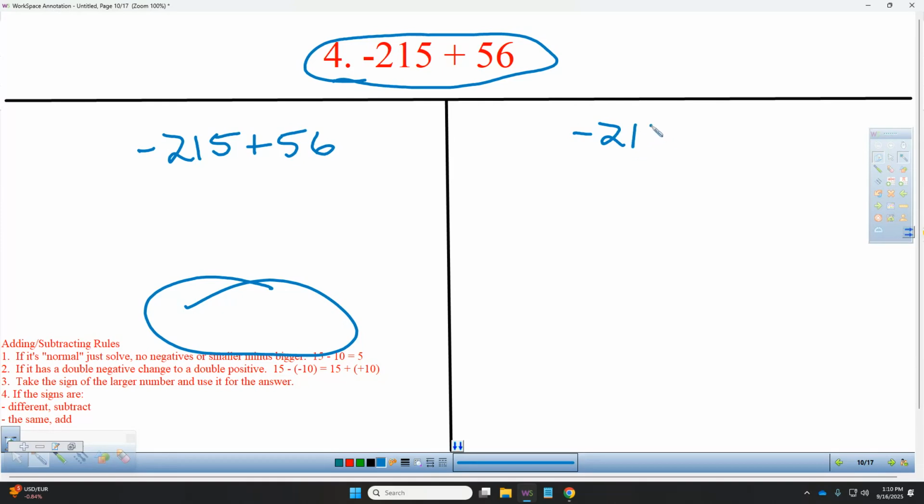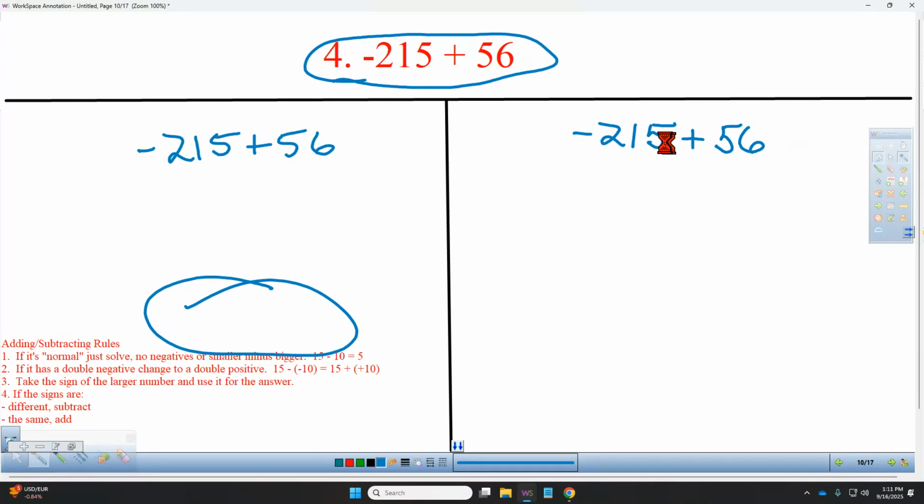Okay, so hopefully you have an answer. And I'm going to ask, is this a regular, normal type of problem? Meaning, does it look like everyday type of math that we might see? Not in this case, because we've got a negative 215.